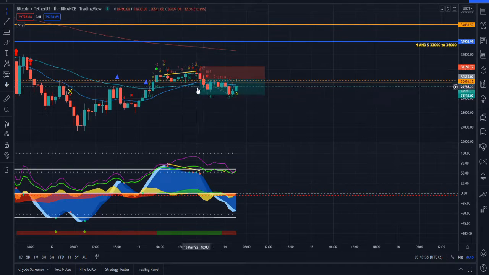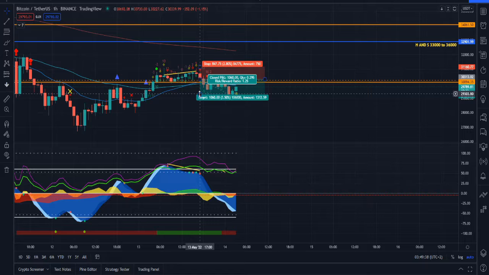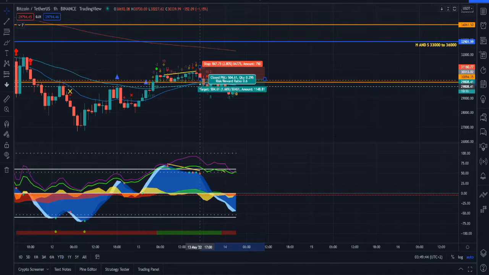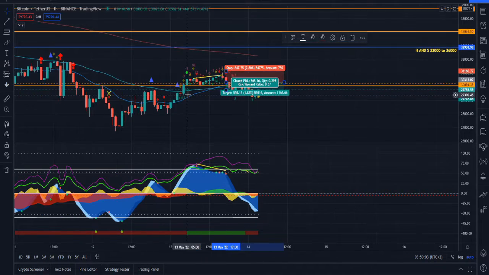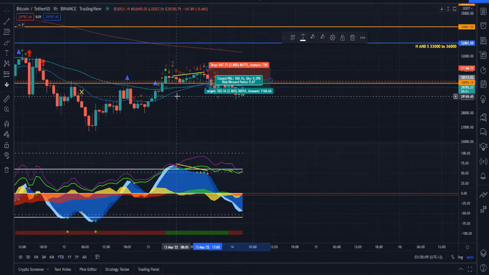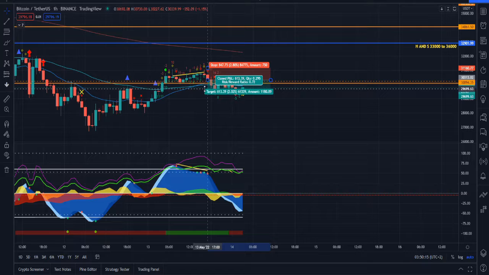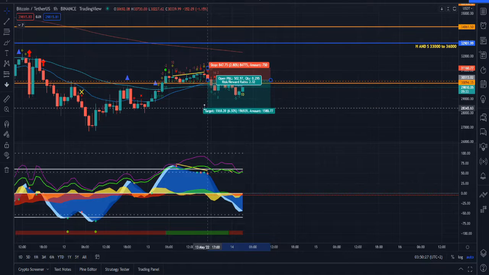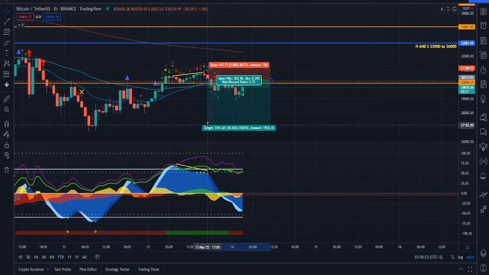And if you're looking for the target, you want to split your take profit. You just look for the local resistance or supports. If you are shorting, you look for the support, right? Maybe here you take profit. For example, here the first take profit, somewhere here the second one, and somewhere here the third one.